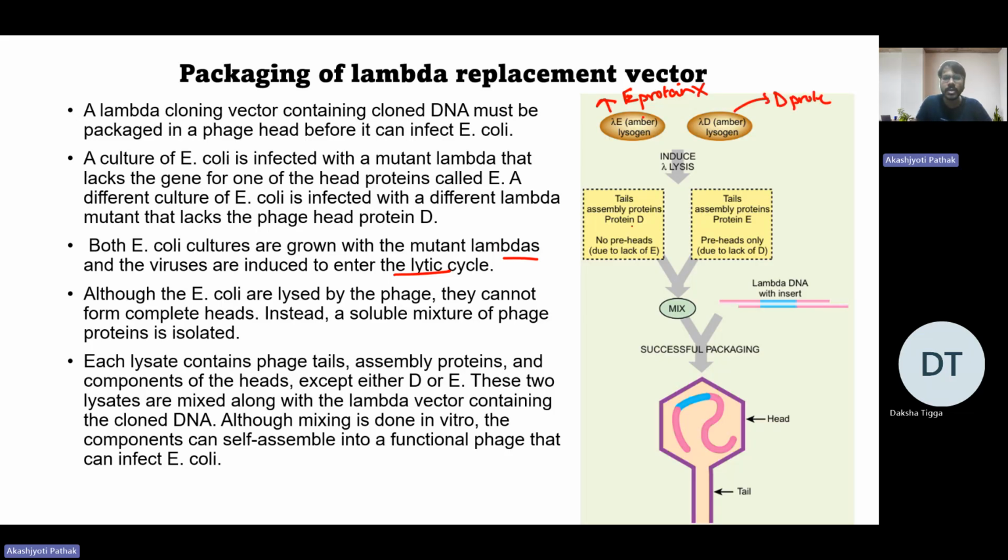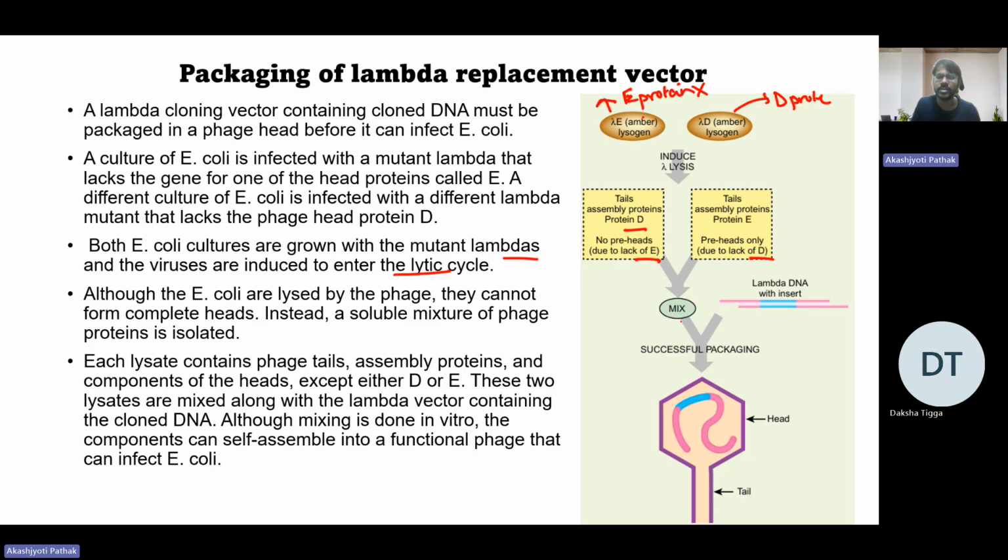Now the tail assembly protein, protein D, is present, but there will be no pre-heads due to lack of E. So the entire virus will not be formed because it lacks E. Similarly, here the entire phage assembly cannot take place inside the bacteria because it lacks protein D. Now you mix the two, and along with it you add the lambda DNA with insert.